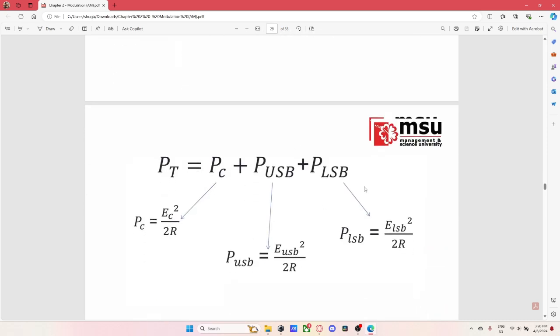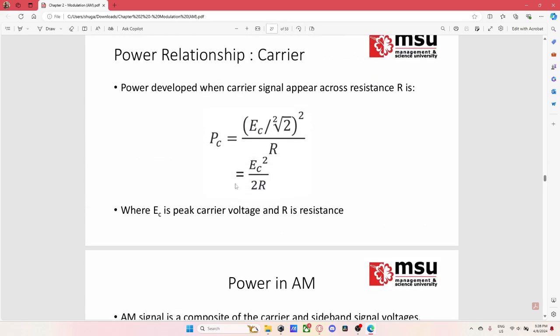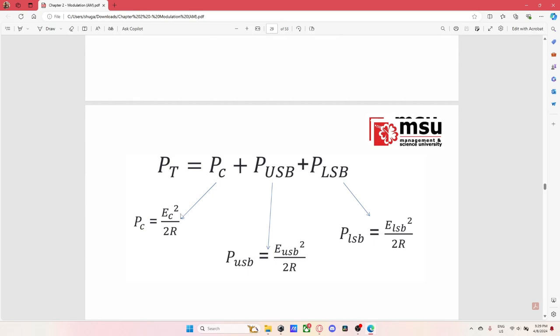PC is equal to EC square over 2R, and PUSB and PLSB have similar equations, where PUSB is equal to voltage in upper sideband squared over 2R, and PLSB is voltage in lower sideband squared over 2R.